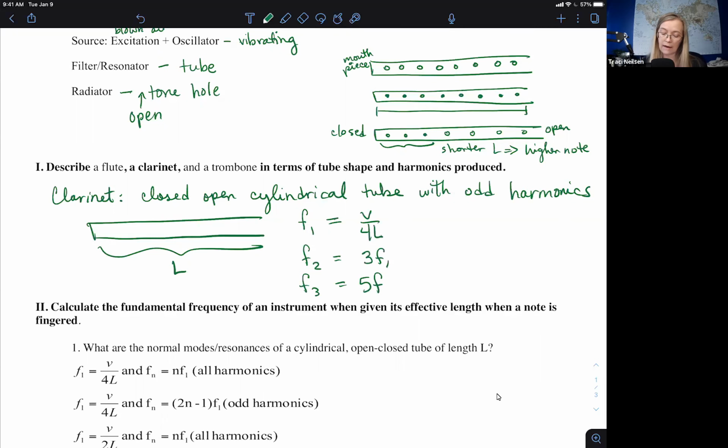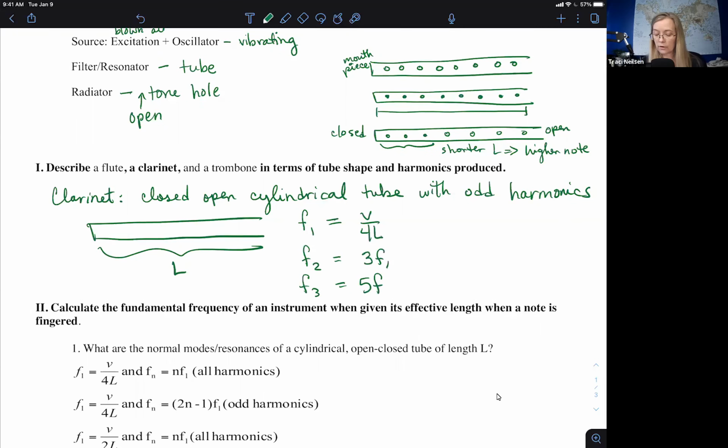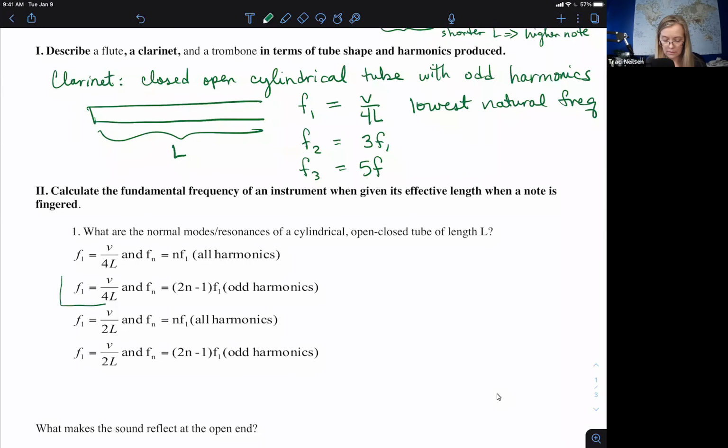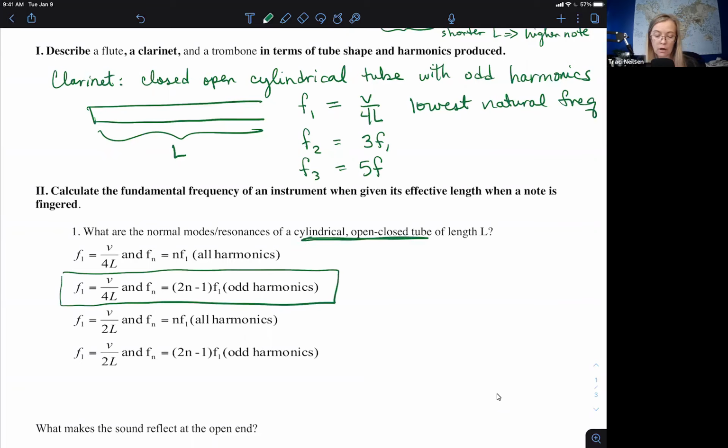So you have V over 4L for the lowest resonance or natural frequency, and then you go up higher on those others. Okay, and that is this equation right here, V over 4L with odd harmonics, for the cylindrical open closed tube that is a good model for the clarinet.